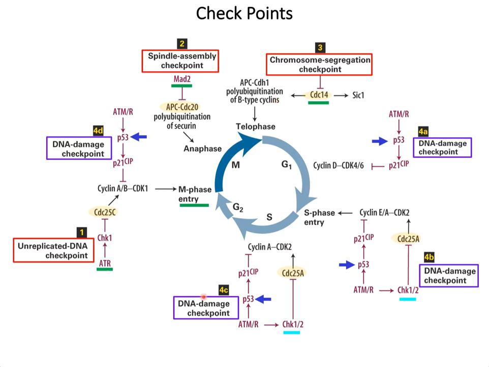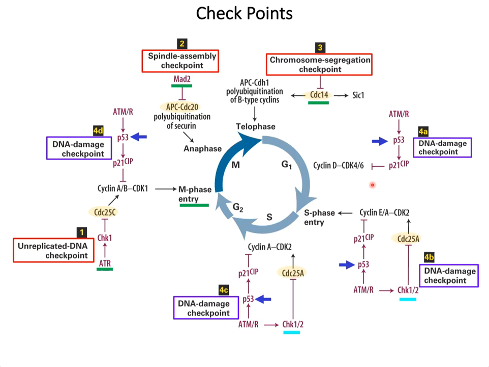There are 4 DNA damage checkpoints that are very interesting because they are all regulated by the same protein, which is known as P53. Interestingly, P53 is also known popularly as the guardian of the genome among cell biologists.